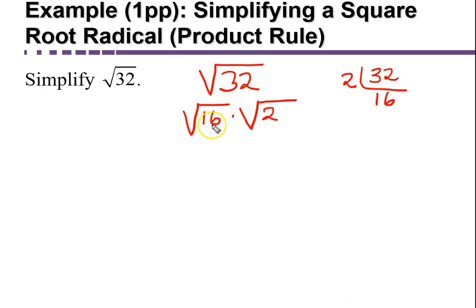So 2 times 16 is 32. You've teased them apart into the largest perfect square under the radical sign there, and then you go square root of 16 is 4, the square root of 2. So you have simplified this.